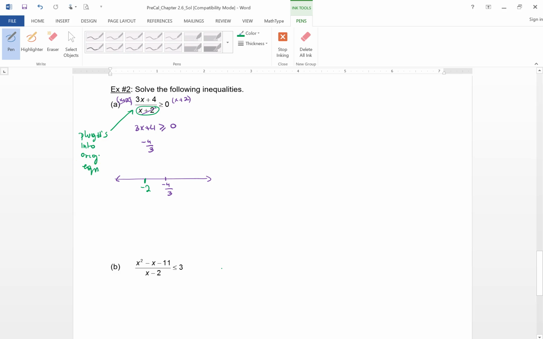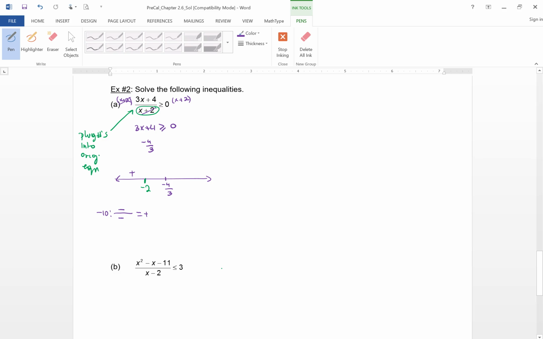If I pick -10, on the top, that gives me a negative number, like -26 or whatever. What about on the bottom? A negative number. So together, that makes positive.